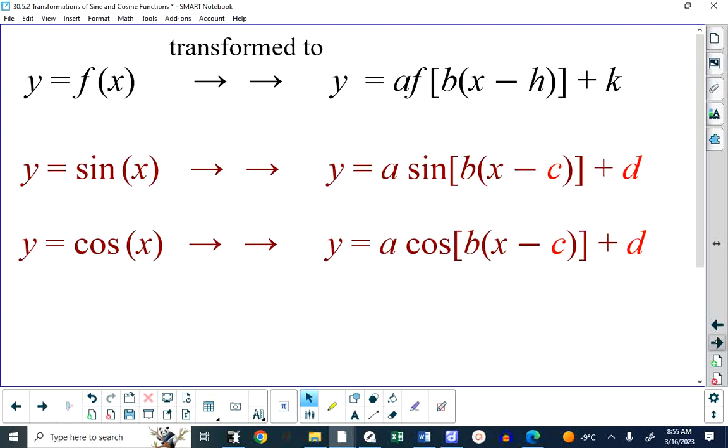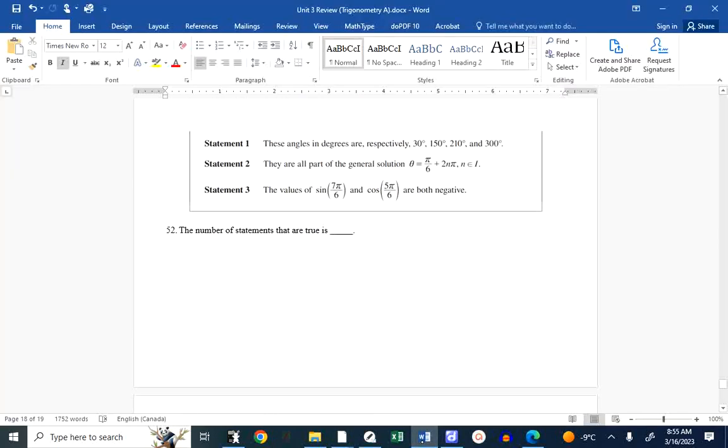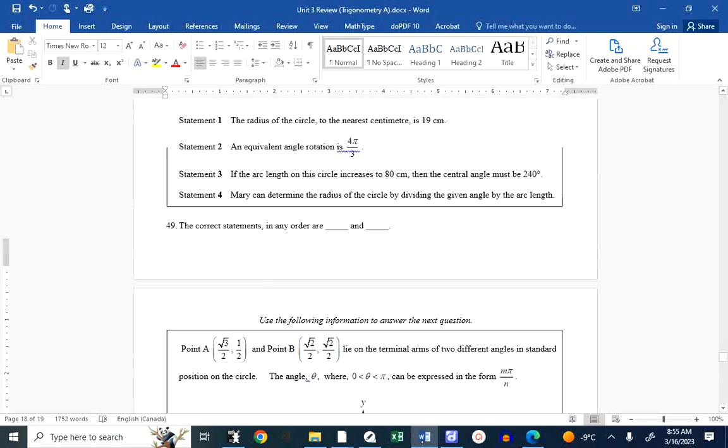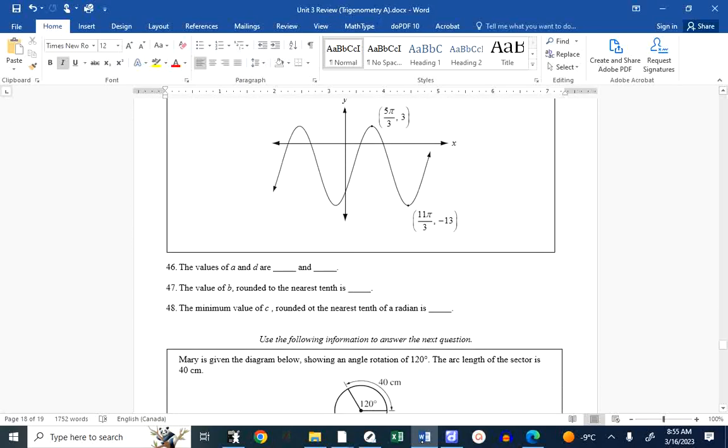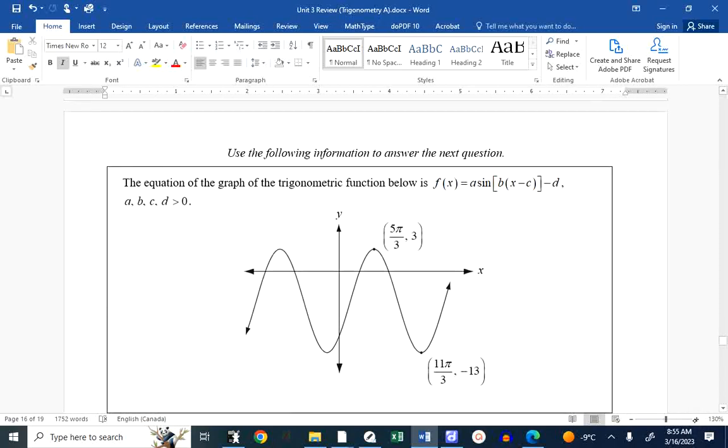I'll give you a specific example of what I mean by adaptable. You're going to see quite frequently on exams, particularly the diploma exam, things where we decide to put the letter c here and the letter r here, like we just put whatever parameter letters or labels we want. I want to show you something because you've just triggered my memory. There is a question in your review package that I made up, where I tell you that you have this trigonometric function, and if you take a look at the equation of the function there, I've changed something slightly, haven't I?